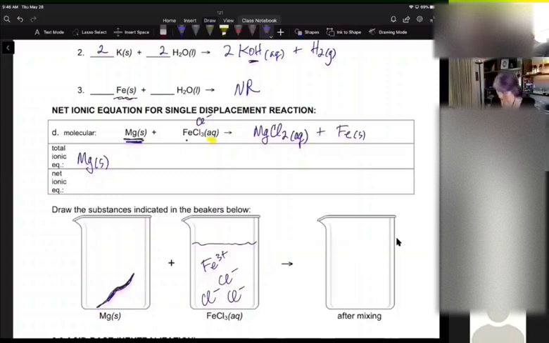All right, let's balance it. And then after mixing, what have we got? Now we've got iron solid down here.